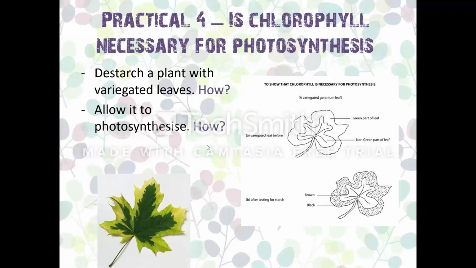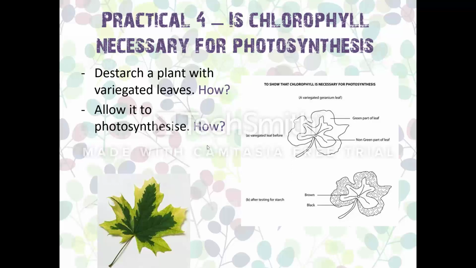I keep saying leaf, but understand that I mean a plant, because if I just take a leaf, it's just going to die. So I'm going to take a variegated plant and destarch it. Then I'm going to take that plant that I've destarched after 48 hours and put it in the sunlight so that it is allowed to photosynthesize.